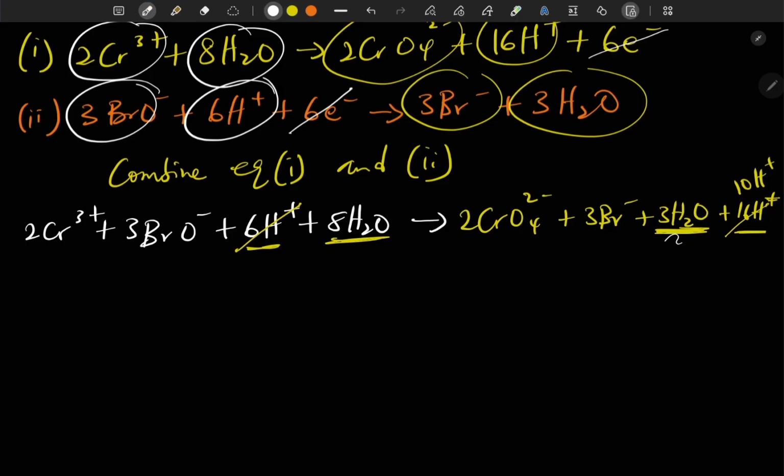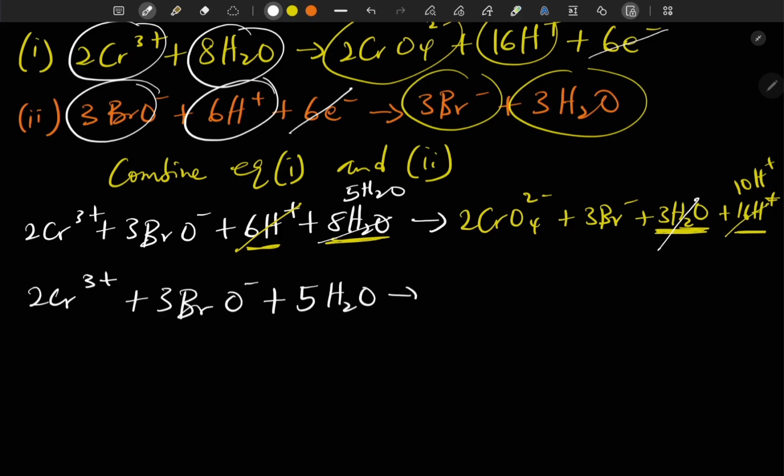If we subtract 3 from 8, then we'll be left with 5 moles of water here. So the equation becomes 2Cr3+ + 3BrO- + 5H2O gives 2CrO4 2- + 3Br- + 10H+.